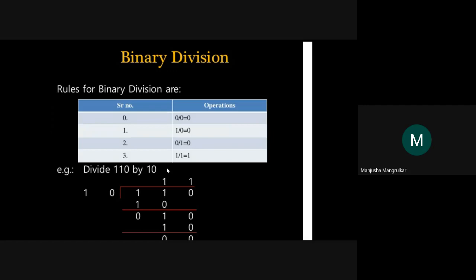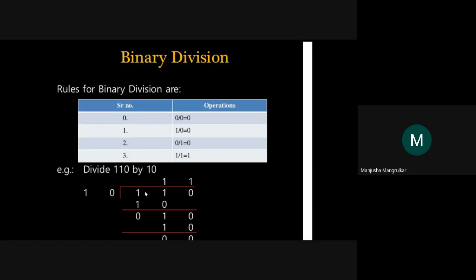In the division method, it is also the same process. 0 divided by 1 is 0, 1 divided by 1 is 1. Suppose this is your number: divide 101 by 10.